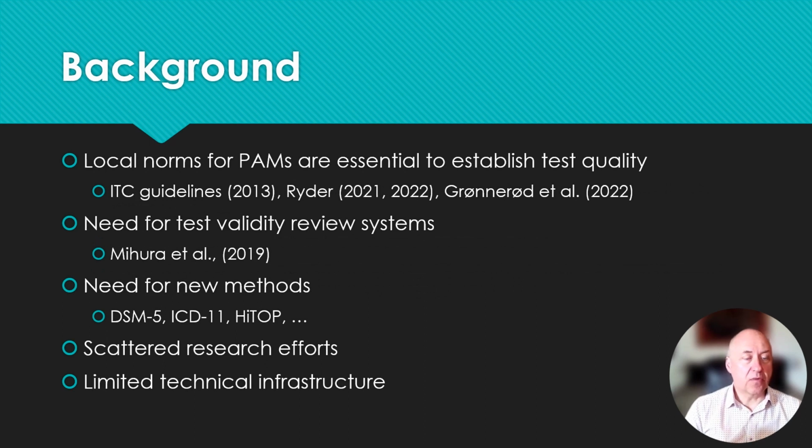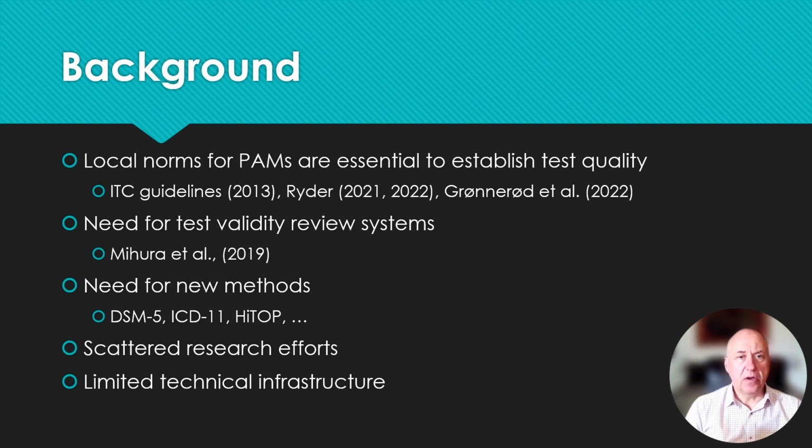So, the background for this project, there are a few points that I would like to mention. The first is that we know that local norms are essential to establish test quality. This is specified in the ITC guidelines, the International Test Commission. And we've also had a national debate on this topic in Norway in the recent couple of years.